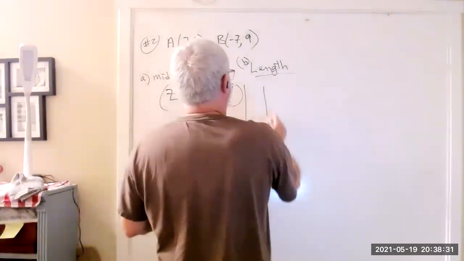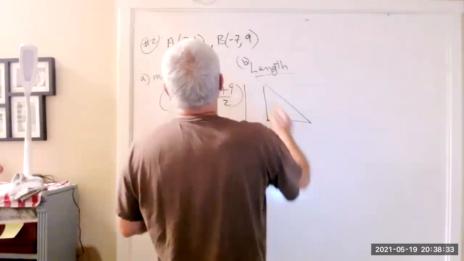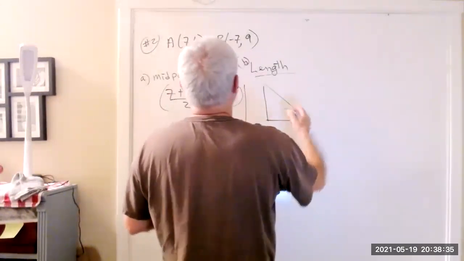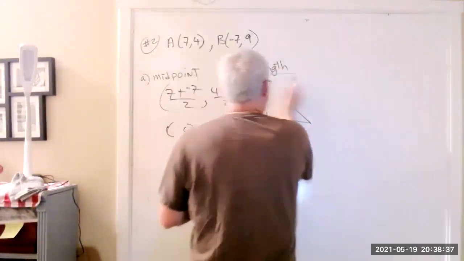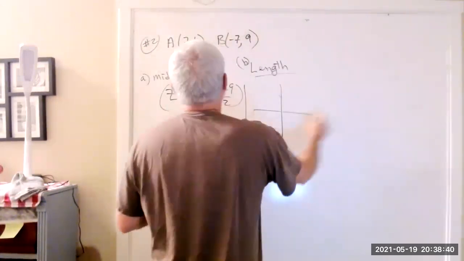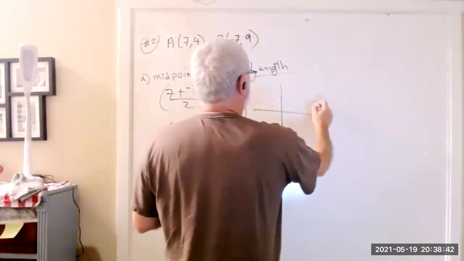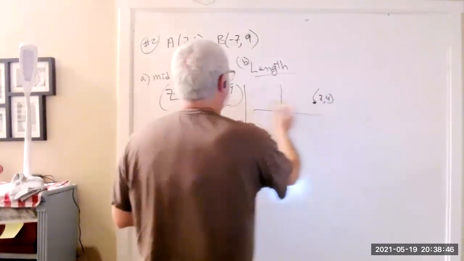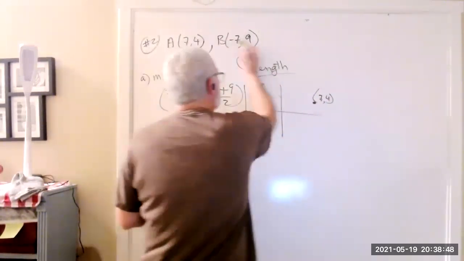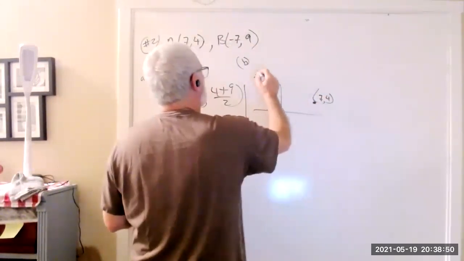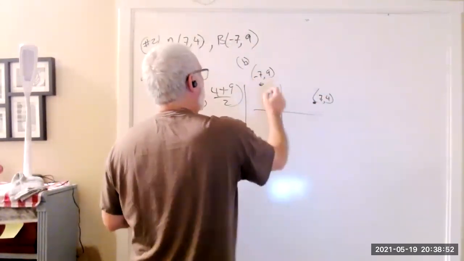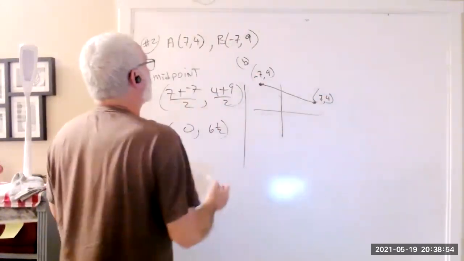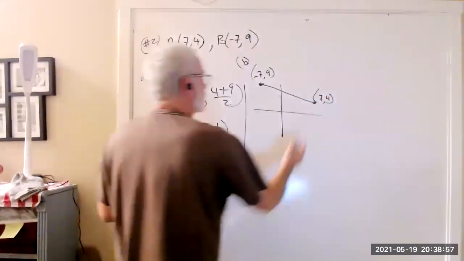If we do it that way, we'll graph it. So if we go 7, 4, it's like here's 7, 4, and here's negative 7, 9. How long is that?